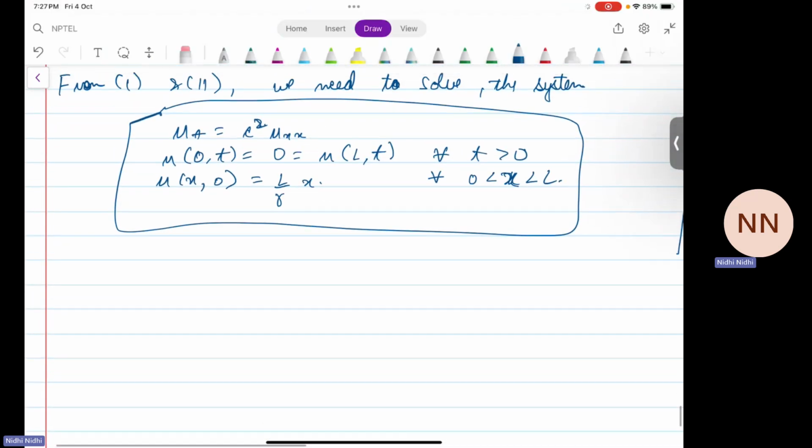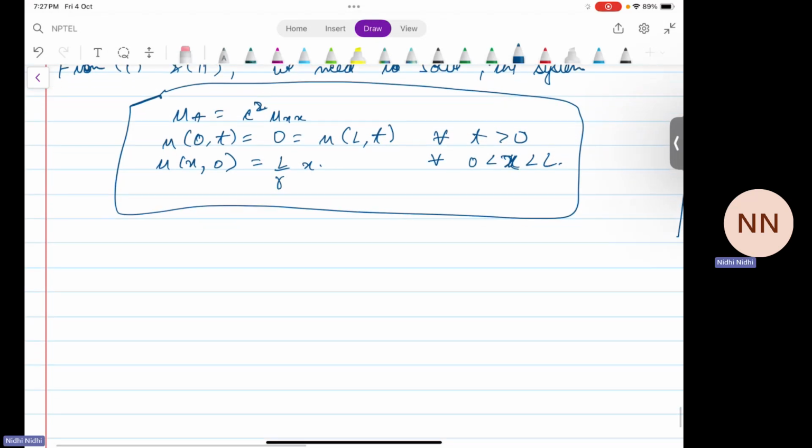So I hope you all were able to find the solution of this problem, given as u(x,t) equal to the summation n from 1 to infinity of some coefficients b_n times e to the power minus (n pi by L) squared t times sin(n pi by L x).